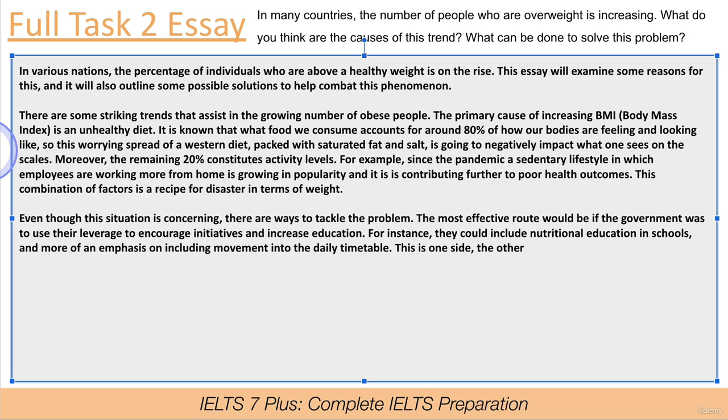The other way, or the other route, the other approach that could work in conjunction could be capping healthy food prices and activities such as gym memberships.